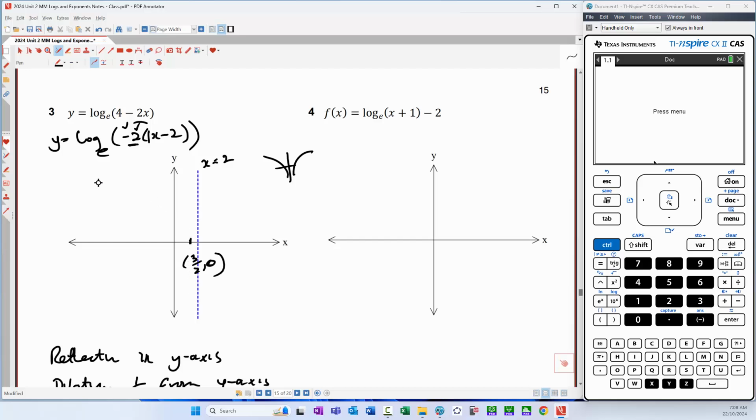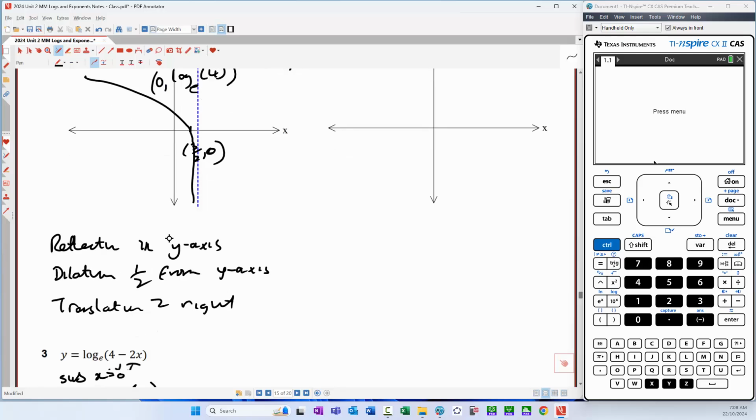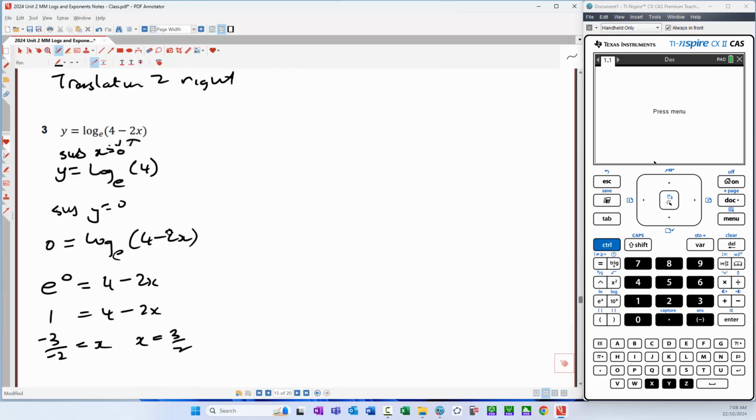So what we're going to do is run it through there, and we'll just mark the y-intercept with the log e 4 value. So bring it through. That'll do. And so when x is 0, y was log e 4. Remember, you can use ln if you want. VCAA don't use ln. Okay, so see how we've written log e 4?